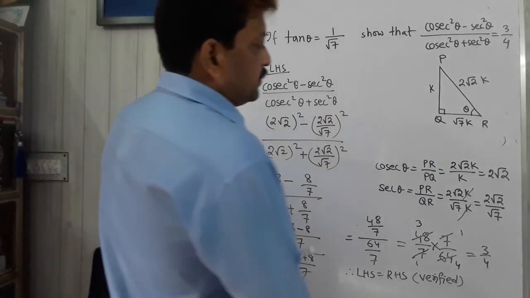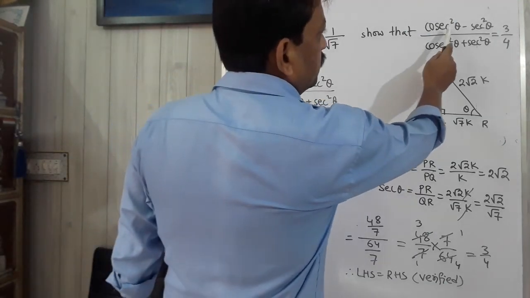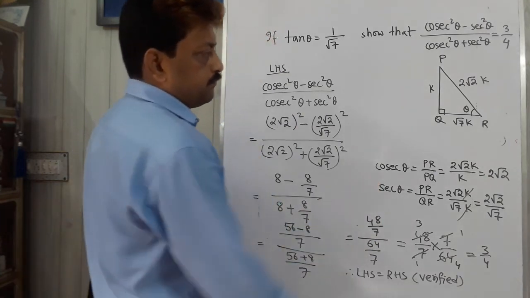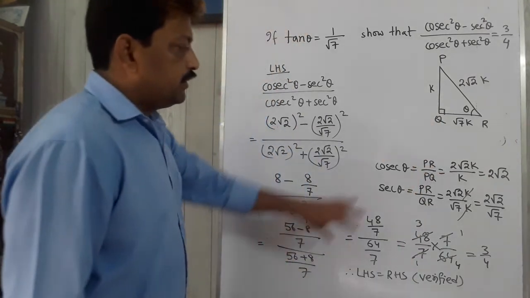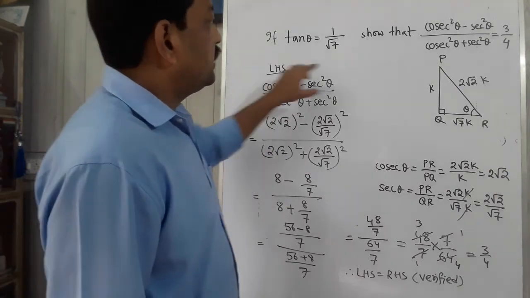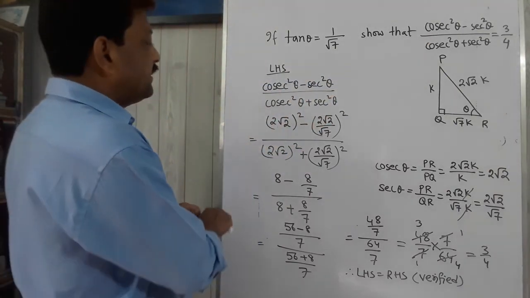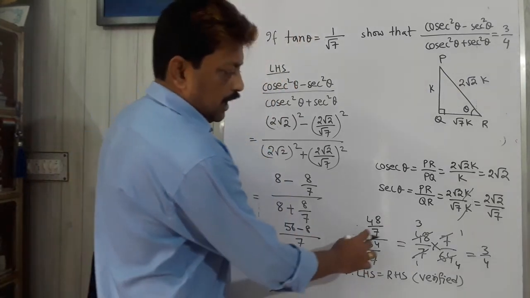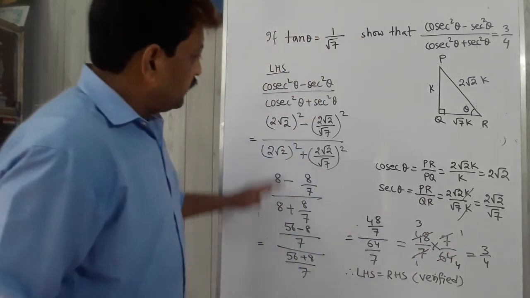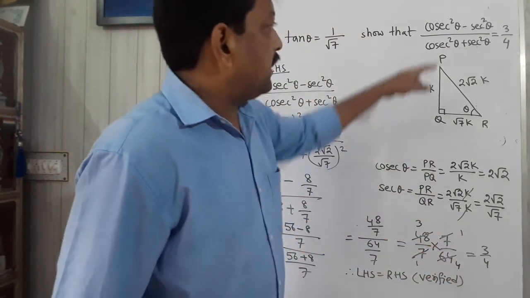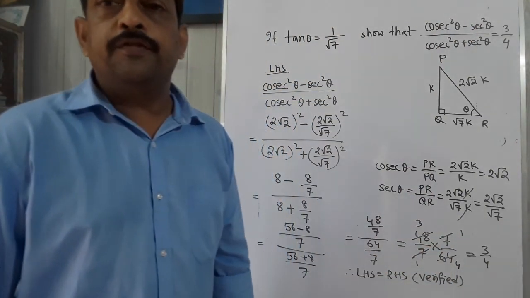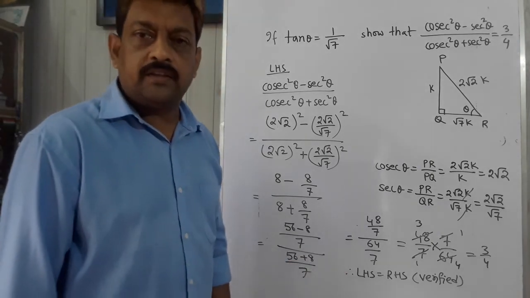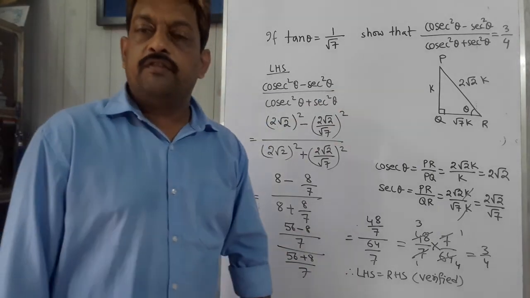Then since we have to find the value of cosec theta and sec theta, it is found from the triangle, and then this value was substituted in the left hand side of the question. So ultimately by calculation I have got the value of left hand side as 3 upon 4 and the right hand side is also 3 upon 4. Therefore we can say that LHS equals RHS, that is, the question is verified.